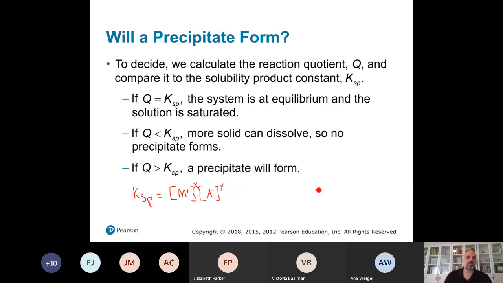If we simply plug in for Q, and Q is greater than the KSP, that means we have too much. We have a lot of ions in solution, and since we're greater than the KSP, we're going to form a precipitate. If we're less than the KSP, then we can add more and dissolve it, and if we're equal, then we're at equilibrium.